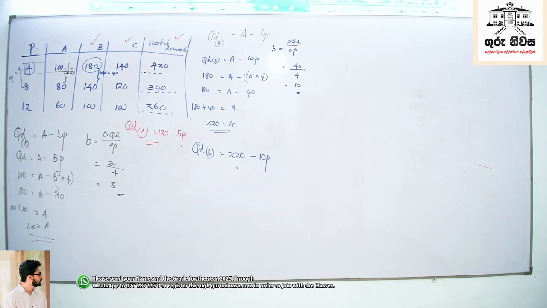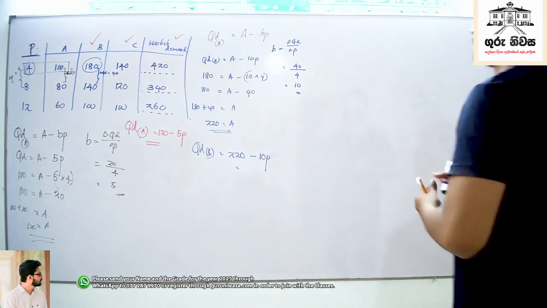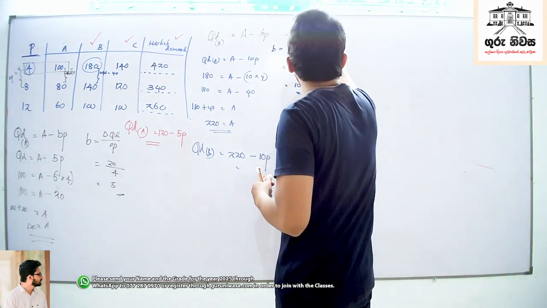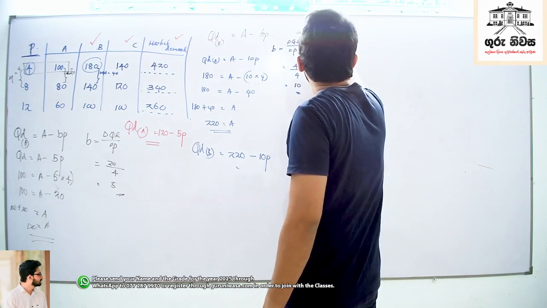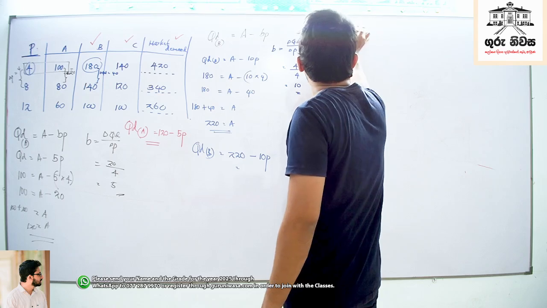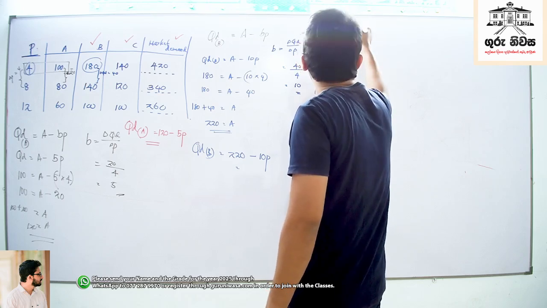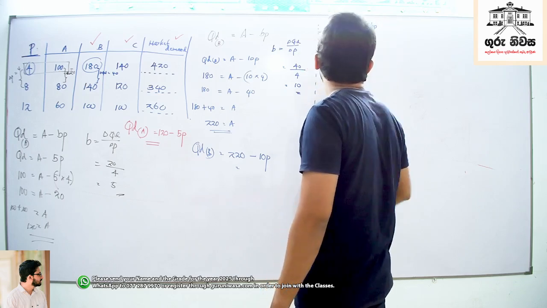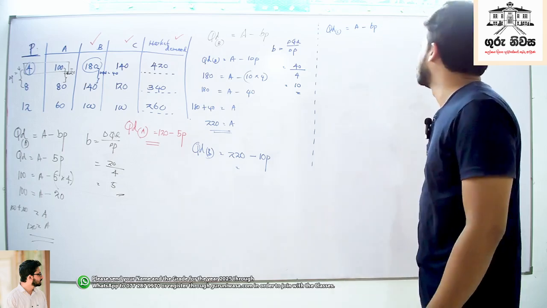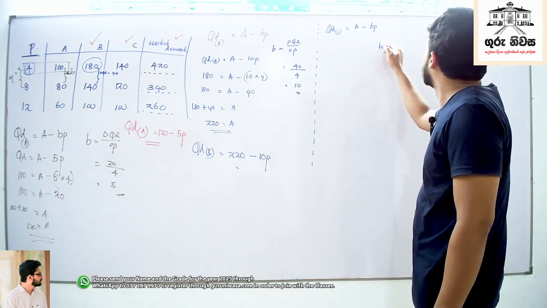Right. Next one, QDC, the demand equation of person C. But the common form doesn't change. Same thing: QD equals A minus BP. Calculate B first.